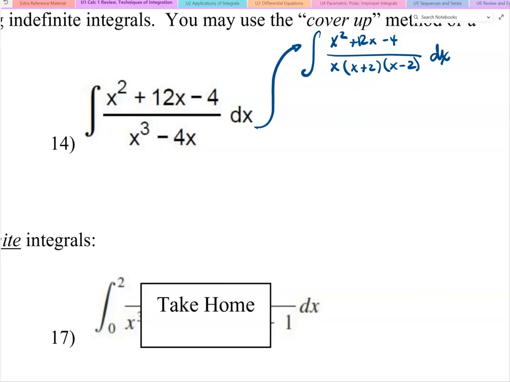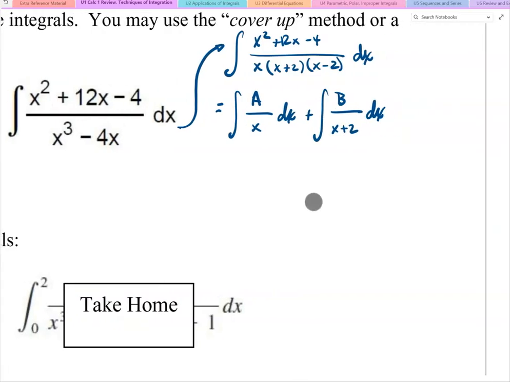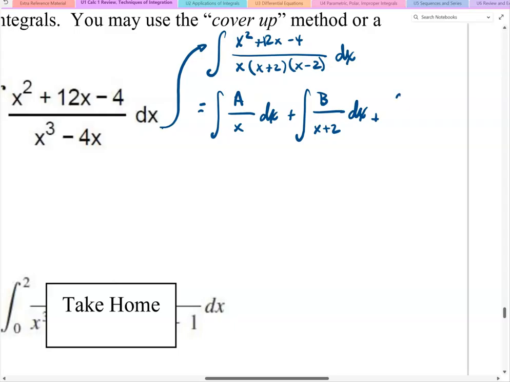We can use the cover-up method to find our a, b, and c values, because the claim is that this fraction could actually be some number a over x plus another number b over x plus 2 and added with some c value over x minus 2. So even though we have a product in the denominator in the original expression, this partial fraction decomposition is going to separate that into 3 smaller fractions that are all added together.